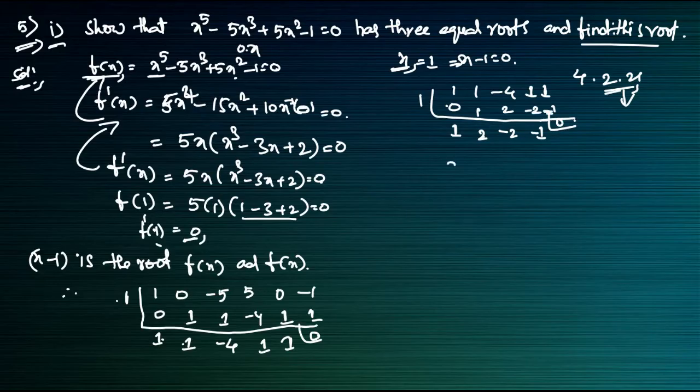So now it will become x cube, 2x square minus 2x minus 1 is equal to 0 here. So for this, see here, the constant terms 1 plus 2 minus 2 minus 1, it will be also 0, 0 is equal to 0 will come.